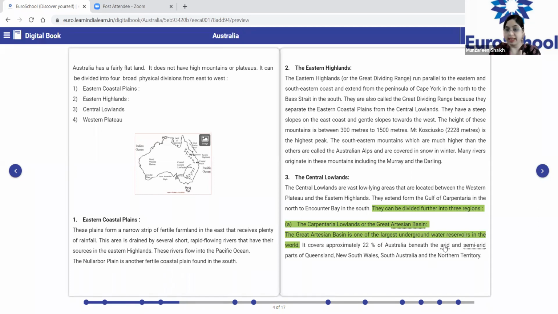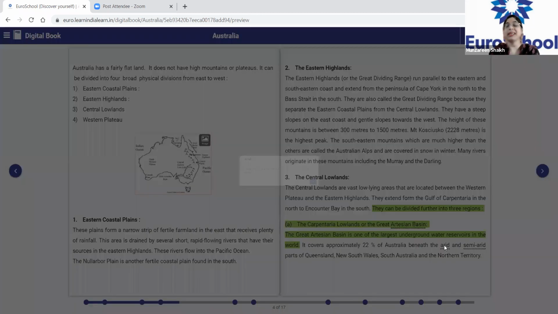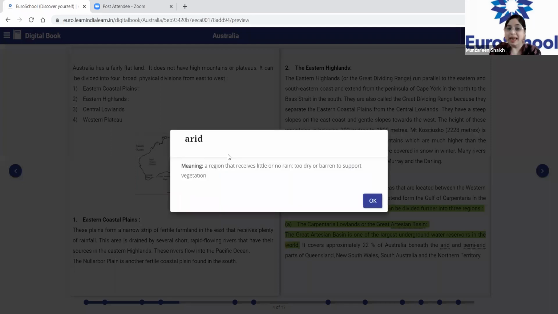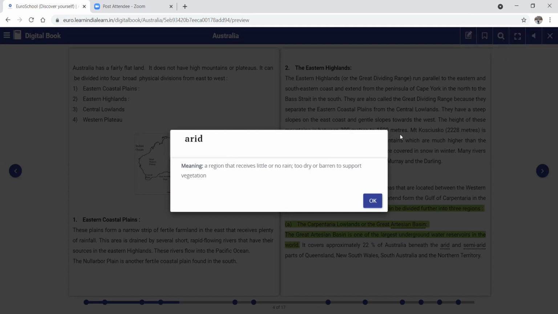Between the arid and semi-arid parts of Queensland. Let us understand what arid means. Arid is usually a region that receives little or no rain. That means it is either too dry or barren to support vegetation.